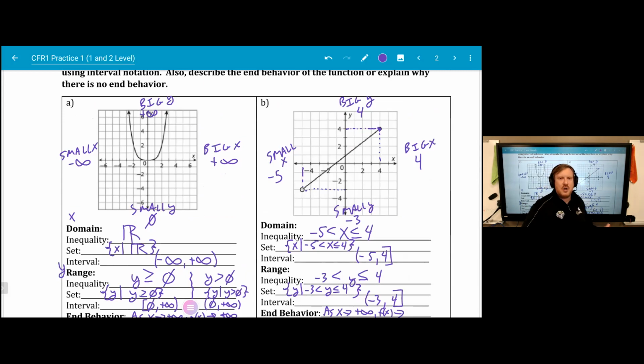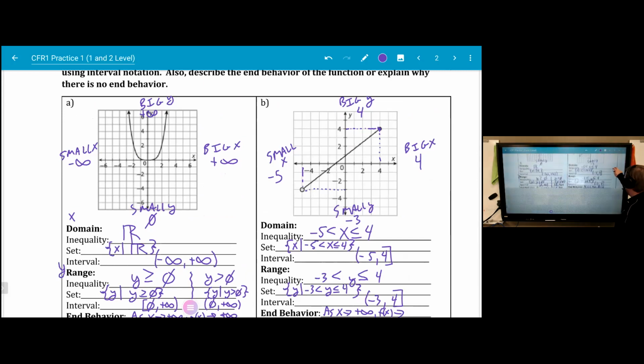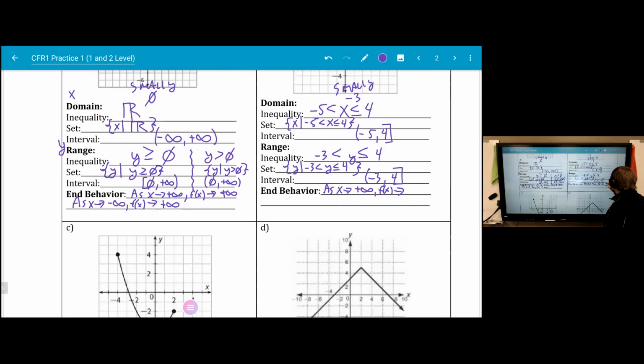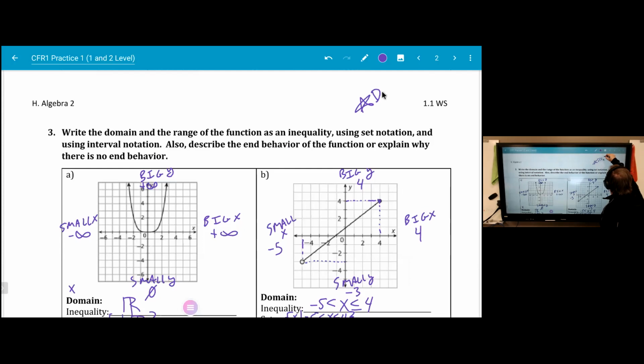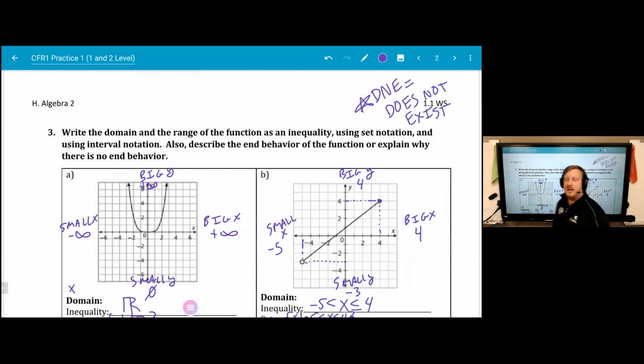Since x doesn't go to positive infinity, the end behavior does not exist, DNE, does not exist. If there's not an arrow, the end behavior doesn't exist going that direction.